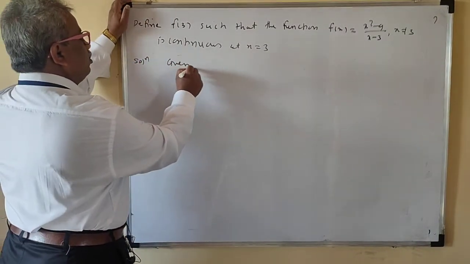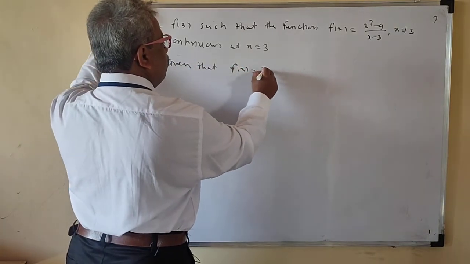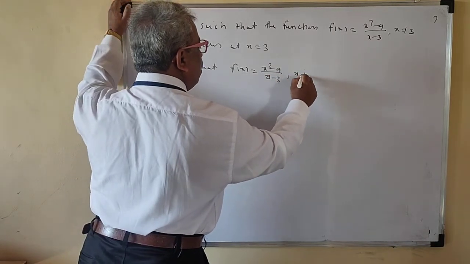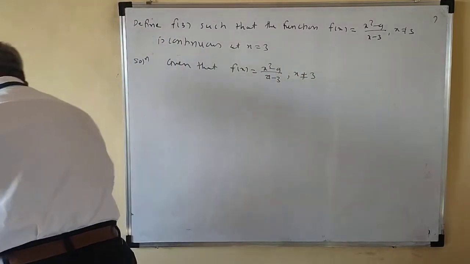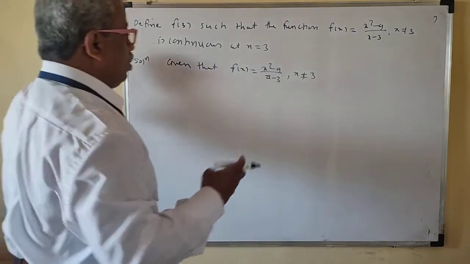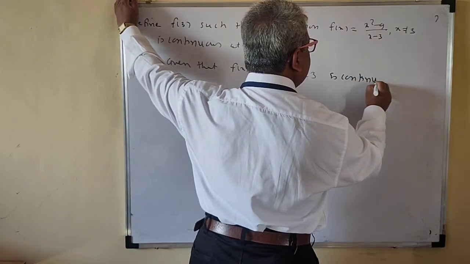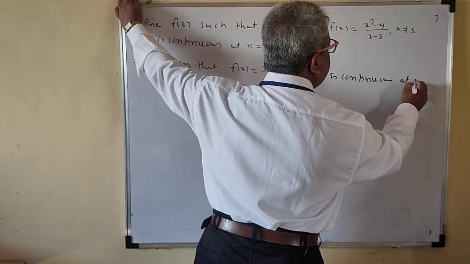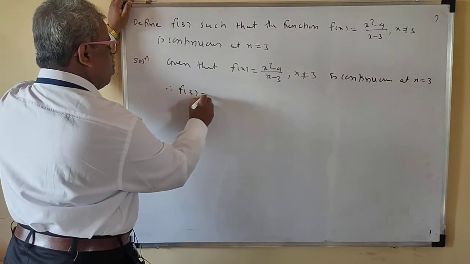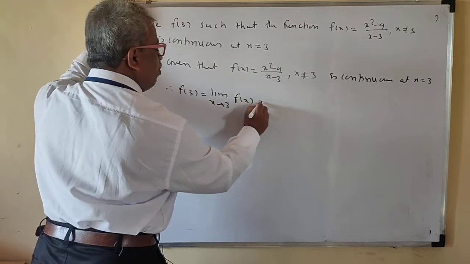Given that f of x is equal to x square minus 9 upon x minus 3, x not equal to 3, is continuous at x is equal to 3. Therefore, f of 3 is equal to limit x tends to 3 of f of x.